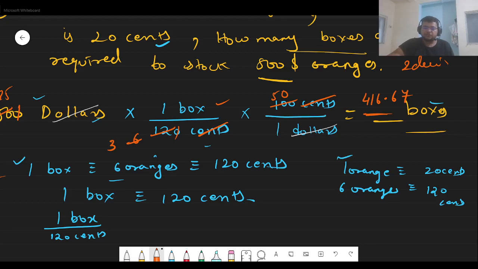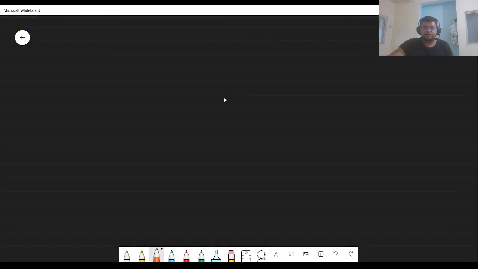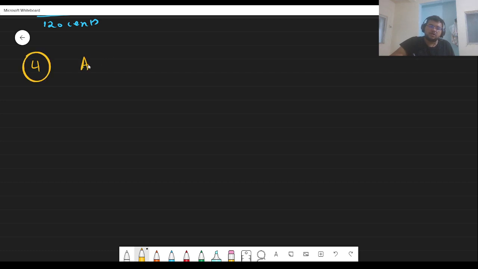Hi. So let's move further with some next questions we can solve here. That is the fourth question. A car travels 1 mile in 1 minute 15 seconds.